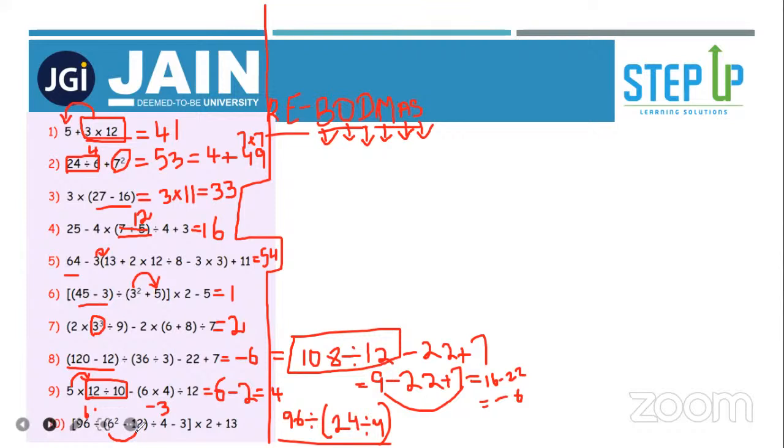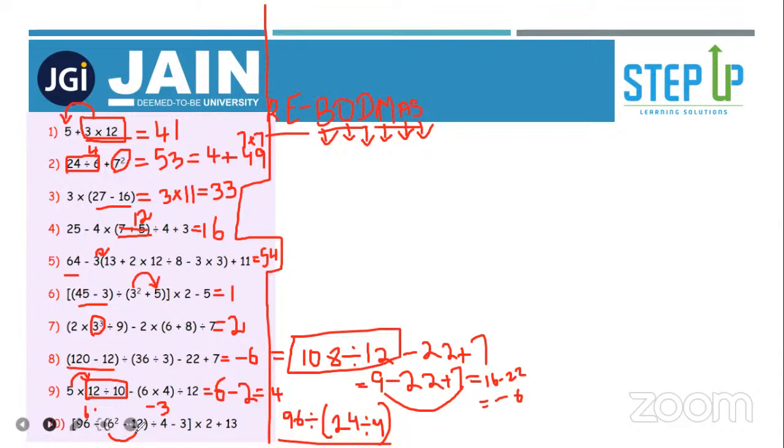Division is first. It's 4. 96 divided by 24 is 4. Okay, 4 divided by 4 is 1. Next, 4 minus 3.